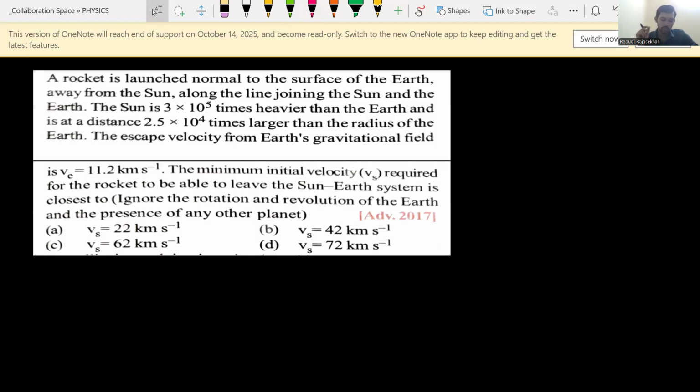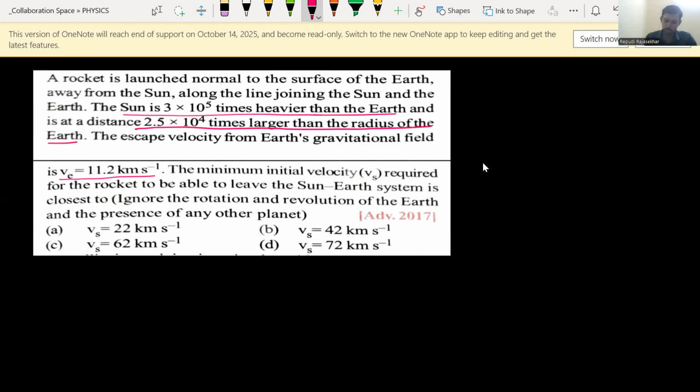The escape velocity from the earth's gravitational field is 11.2 km per second. This is given, and sun is at 3 into 10 power 5 times heavier than the earth. Okay, mass means the distance is this much than the radius of the earth. Okay, required data is given.